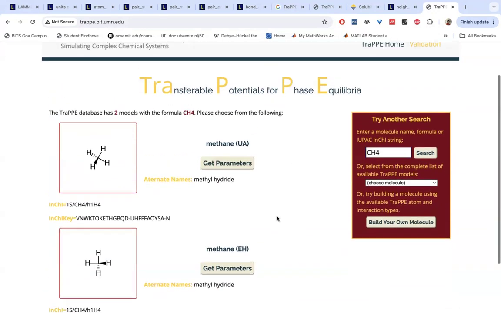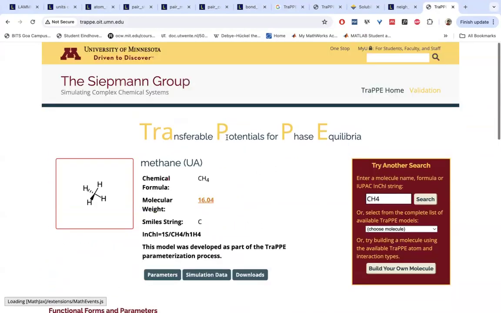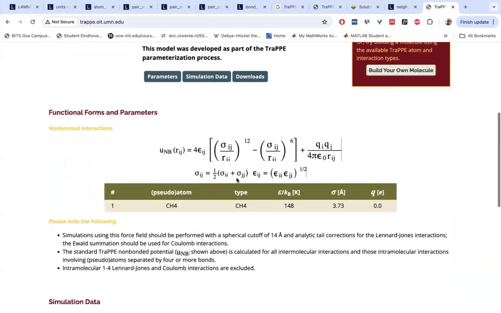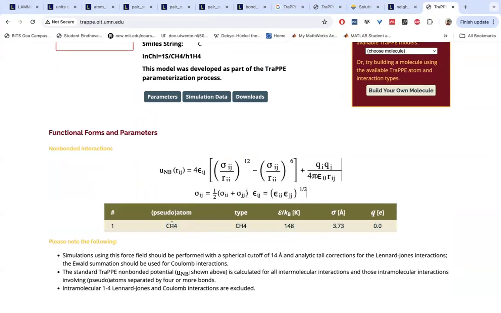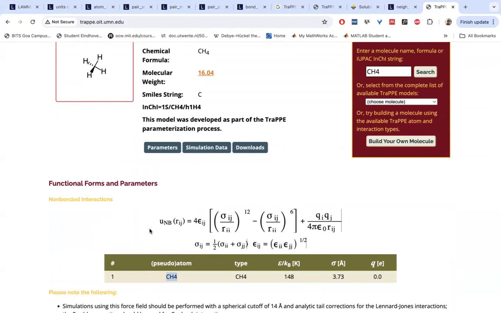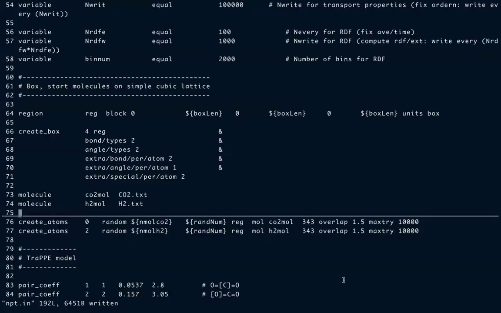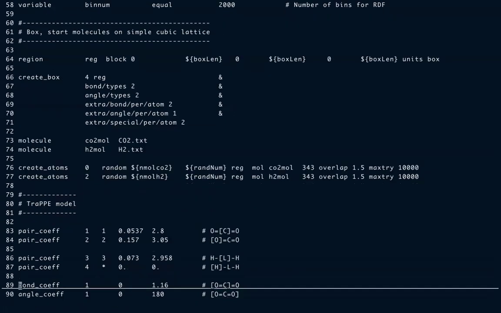Methane is already quite well parameterized, so here you already have parameterization for methane. These are the Lennard-Jones parameters for methane. You can already add this into the code here, and you can replace CO2 with methane.